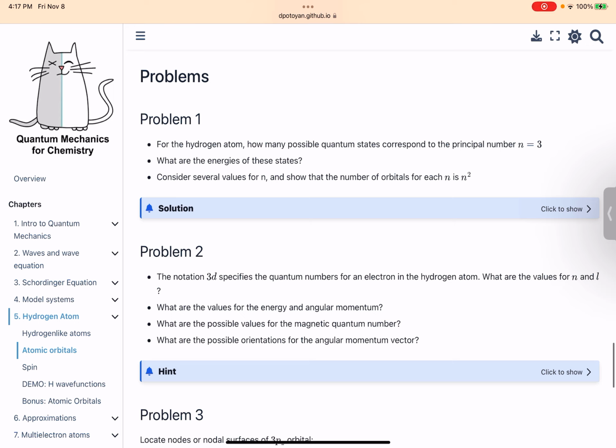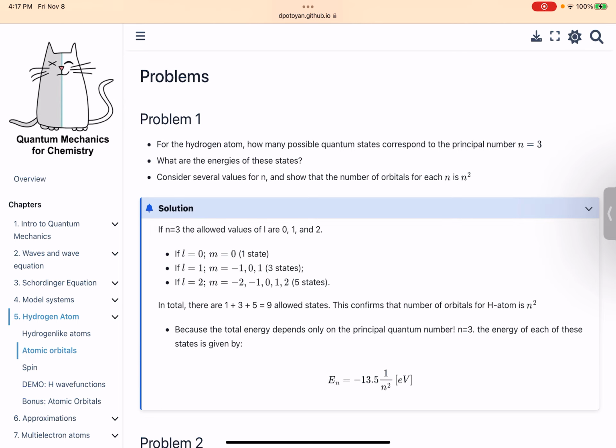So what are our objectives here, right? Our objective here is to predict the shapes of the orbitals and their nodal lines and nodal surfaces. And here I have some problems and solutions for you guys, so I encourage you to go over them. Some of them have full solutions, others have hints or partial solutions. So for instance, problem 1 is asking you how many possible quantum states you can have when n is equal to 3, and listing degeneracies.